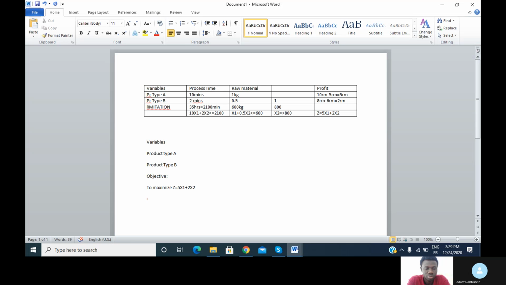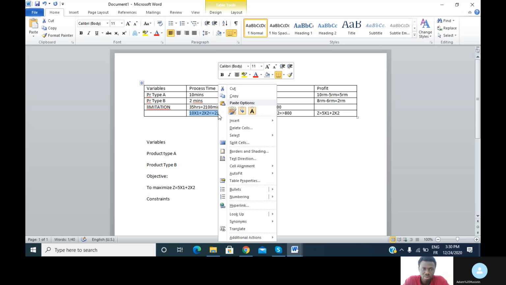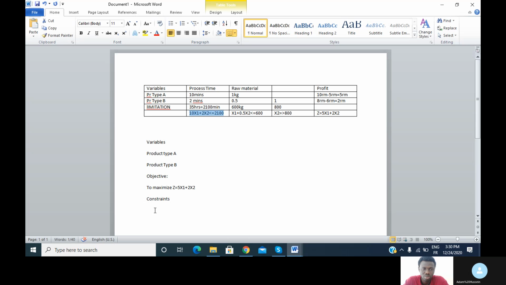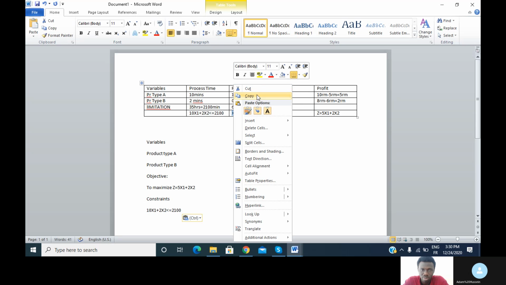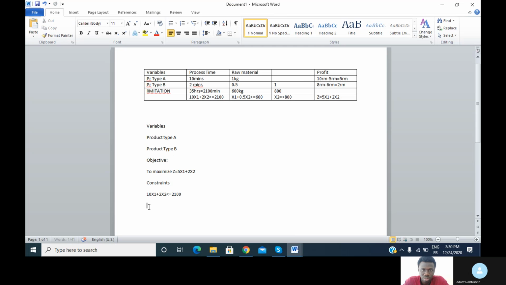Then we need to identify the constraints. The constraints are the other equations different from the objective. So the other equation is 10x1 plus 2x2. That's one constraint. Another constraint is x1 plus 0.5 x2.